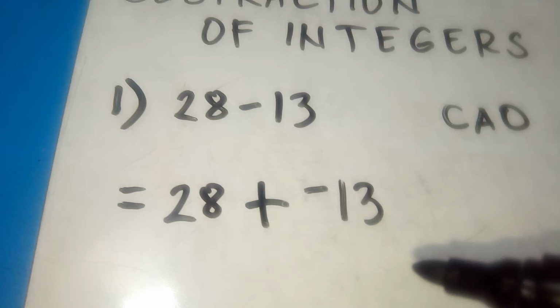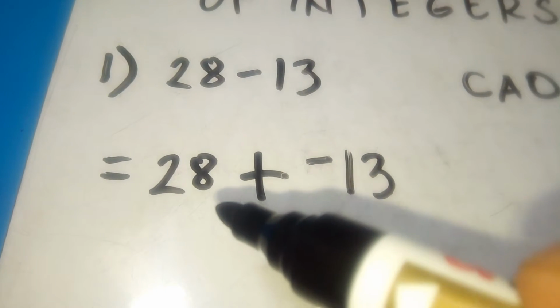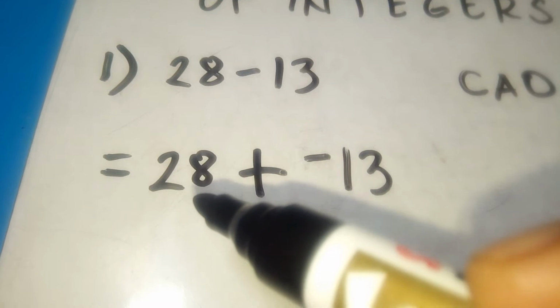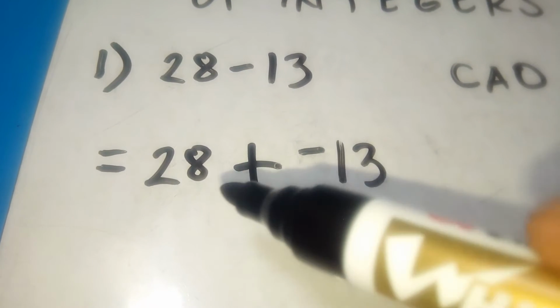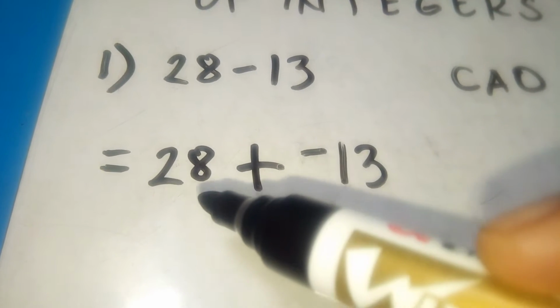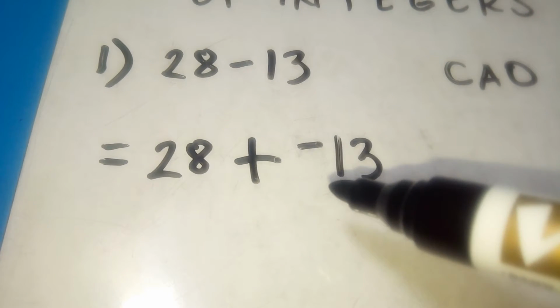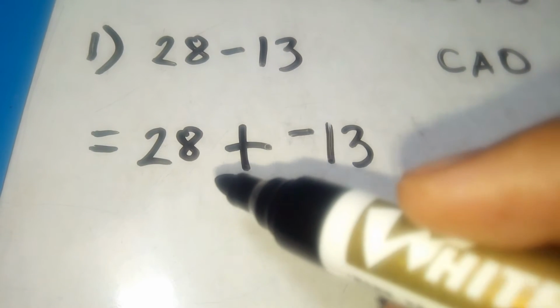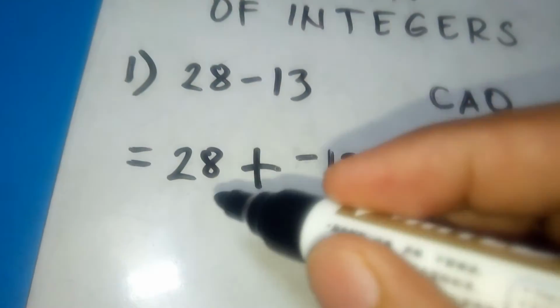If you notice, the absolute value of 28 is much bigger than the absolute value of negative 13. So we'll have to take the absolute value of 28 first.